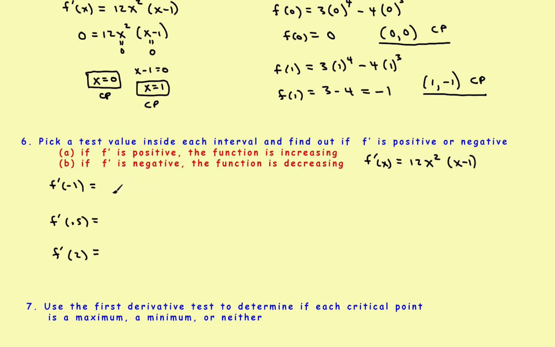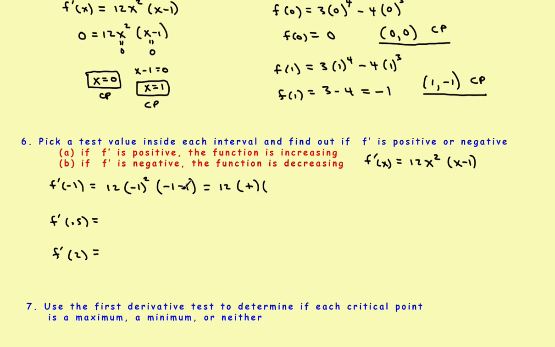Now, I sort of use a shorthand notation on this. This is going to be 12. In place of the x, I'll plug in a -1 squared times -1 minus 1. And all I want to know is, is this thing positive or negative? Well, I've got the 12, so I'll write that right there. Then I do this. Without worrying about the numbers, if I take any number and square it, it's going to be positive.